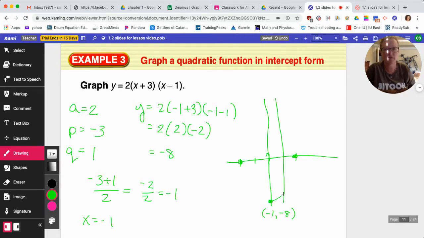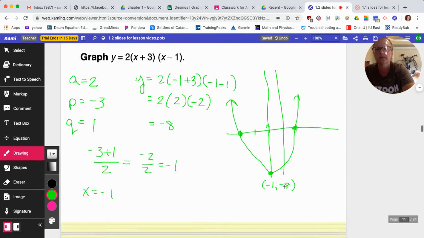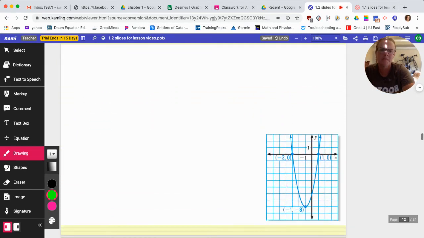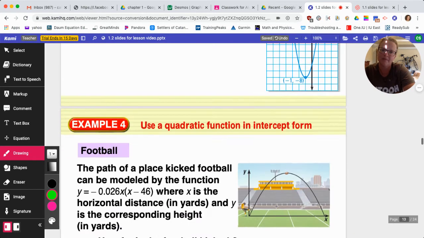I could pick some more points, but really, this does a great job. That's a beautiful parabola. So draw your parabola through the vertex and the x-intercepts, and you're golden. Oh, and there we go. The picture from the book.